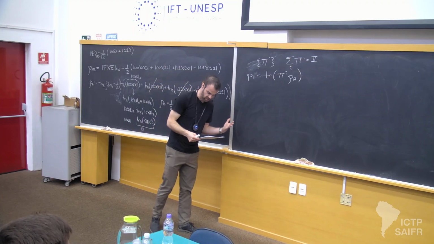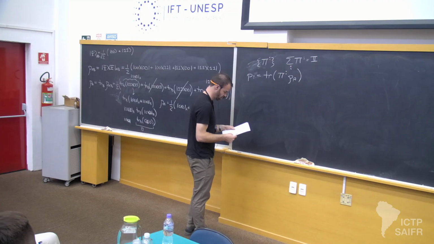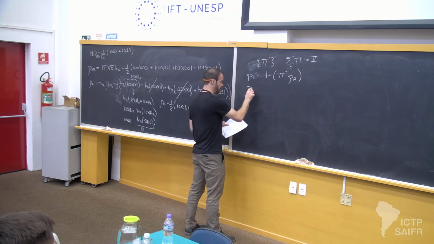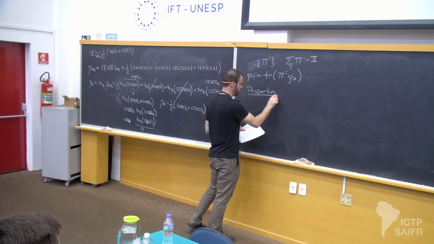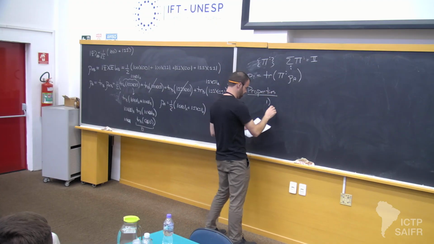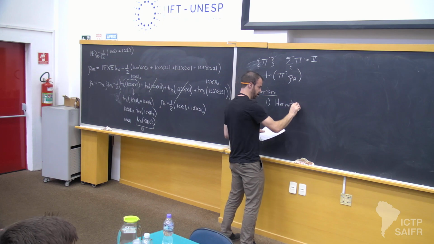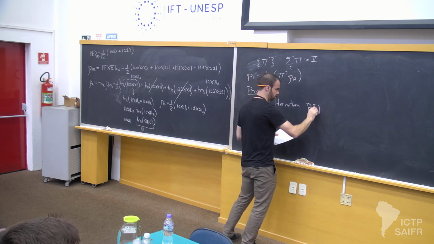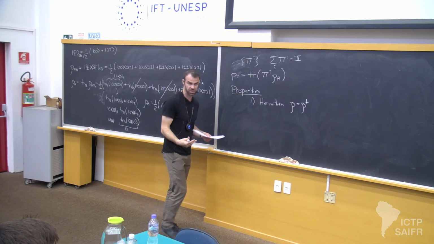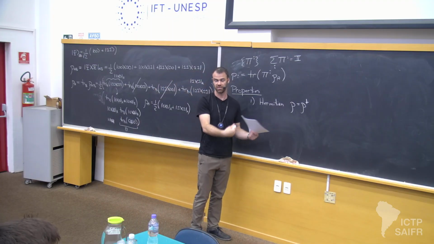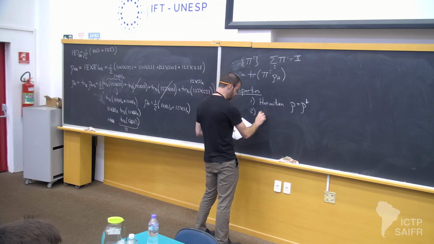Some properties of the density matrix that I didn't write down last time, but that you should know, are these. First, density matrices are always Hermitian, so rho is rho dagger. You can check it from the definition; the proof is given in the notes. They're also positive.